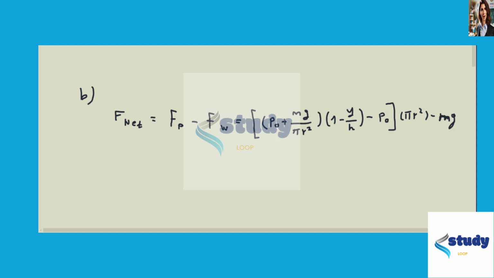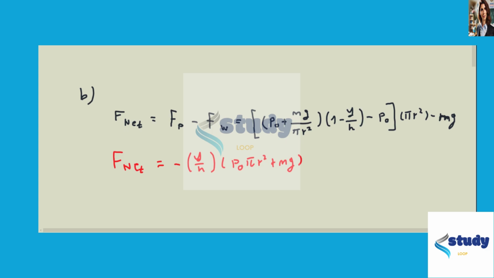In similar fashion, every other term finds its place, and after we complete the algebraic transformations, we obtain that the final expression for the net force is F net equals minus y over h times P0 times pi times r squared plus mg.